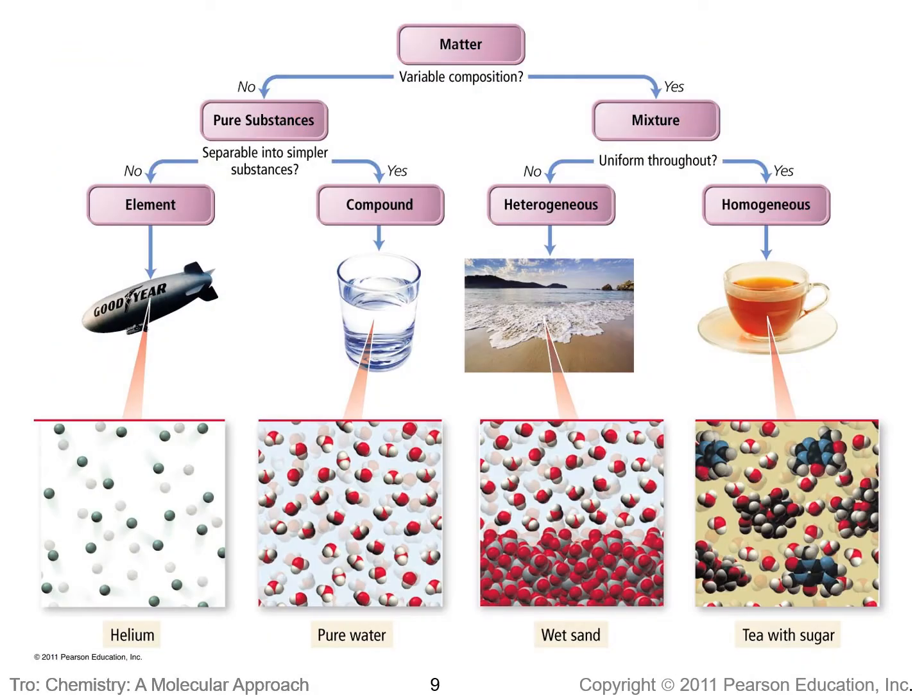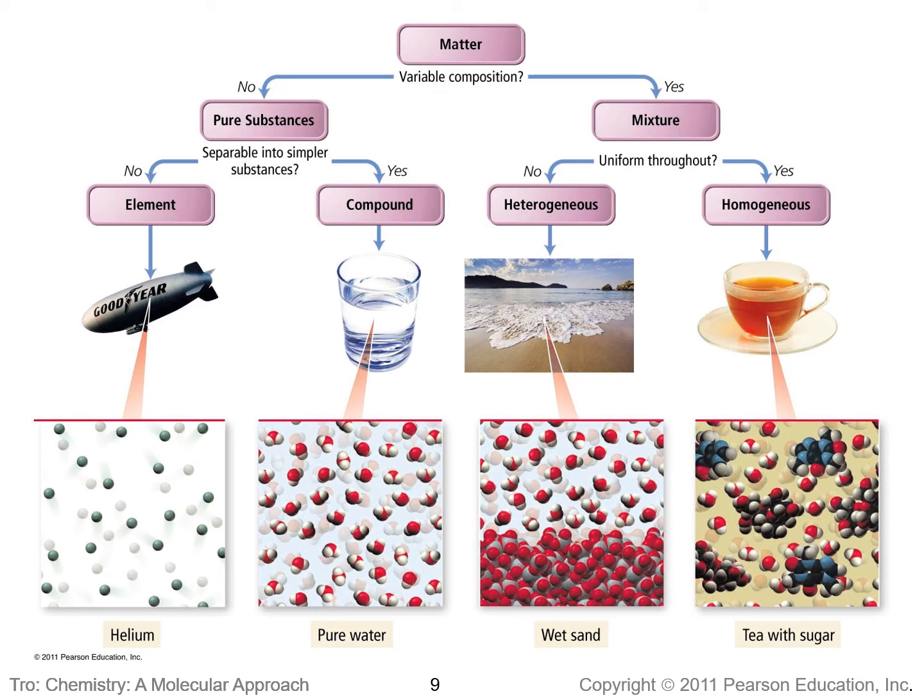Okay, so if we're looking at the composition, we can break it down into what makes up the matter. Okay, so we have pure substances, so made up of only one type of individual particle. It is a pure substance, and its composition does not vary.